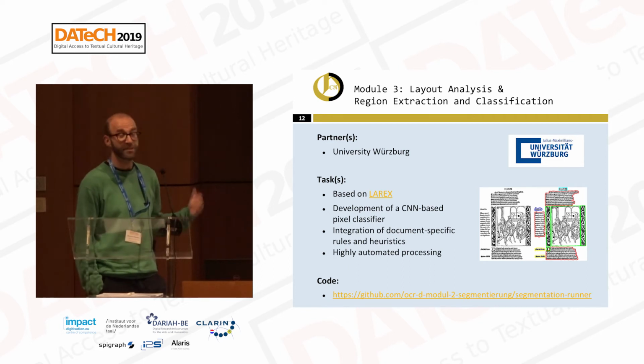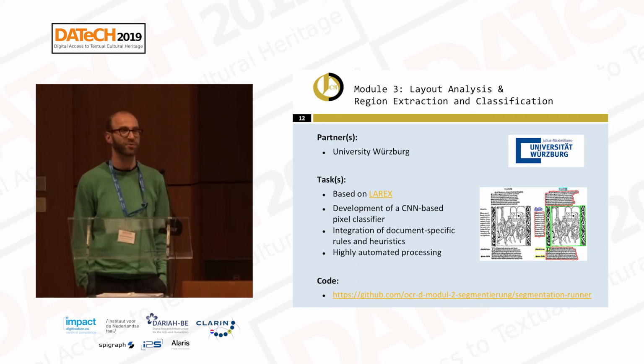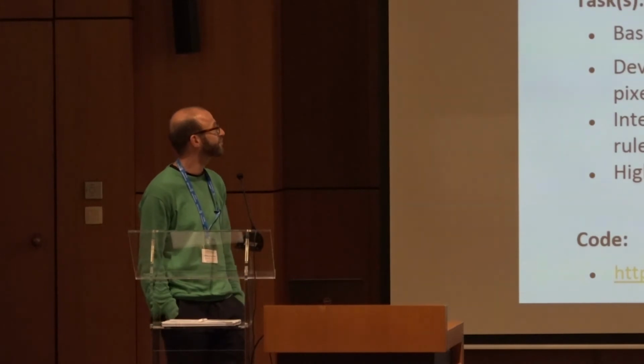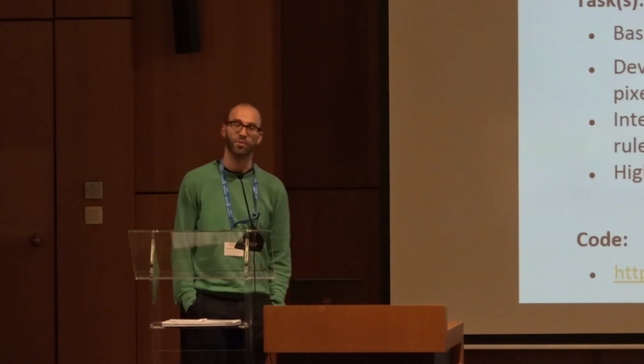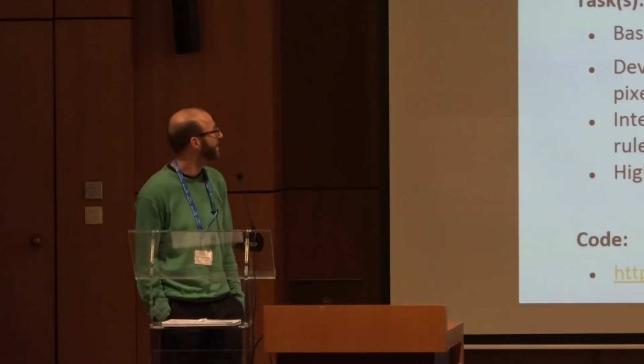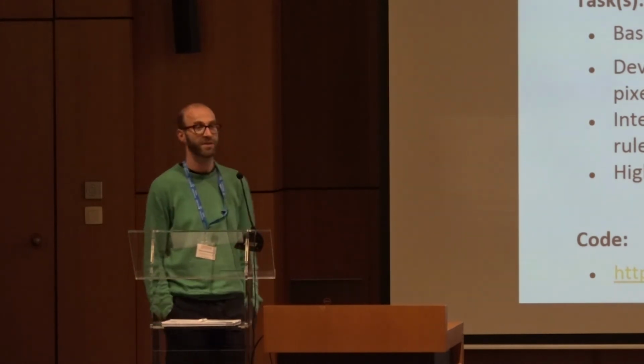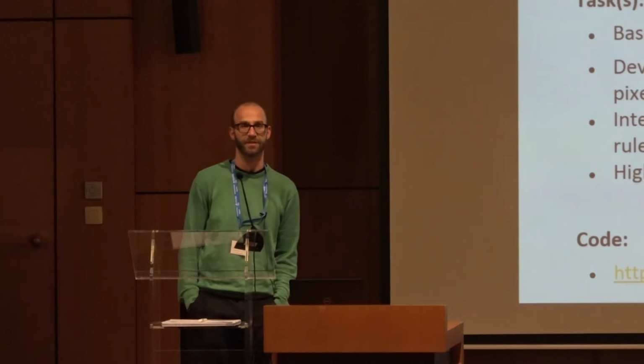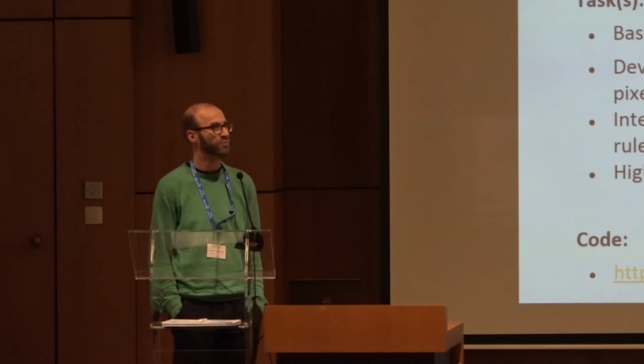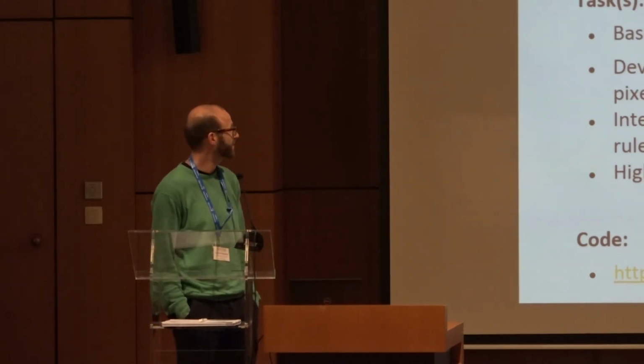So there was already a technology called LAREX that is also open source and linked here, and this will be extended with a CNN-based pixel classifier, and they also foresee integrating some rule-based and heuristic methods to further improve the layout analysis quality.